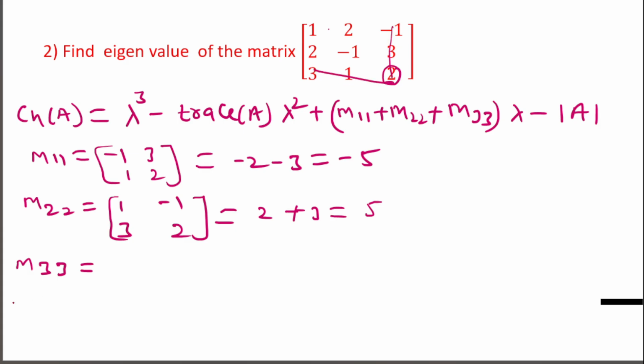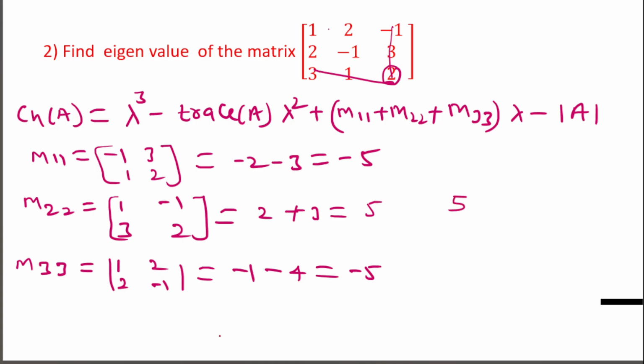The remaining matrix we take to the calculation: 1, 2, 2, minus 1, and its determinant value is 1 into minus 1, that is minus 1, minus 2 into 2, that is 4, and total minus 1 minus 4, that is equal to minus 5. Next the sum of these is minus 5 plus 5 plus 5, which leaves only 5.